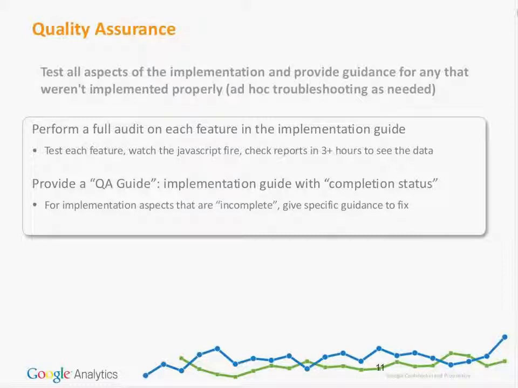A robust implementation should also help with QA, right? This could be something like working on their staging or development server to test the features. It could be as simple as manipulating the things that should fire off these features and then checking the reports afterwards. It's very helpful, especially if you do have a project plan set up, to simply go through and knock out a few of these features that you've recommended implementing, make them fire as normal, and give some sense of whether or not they're completed.